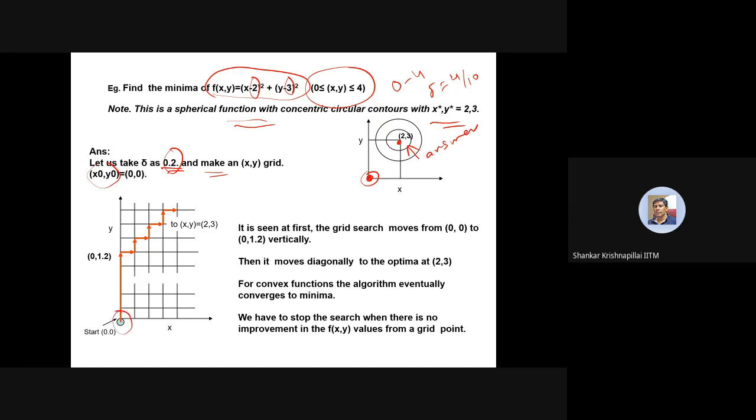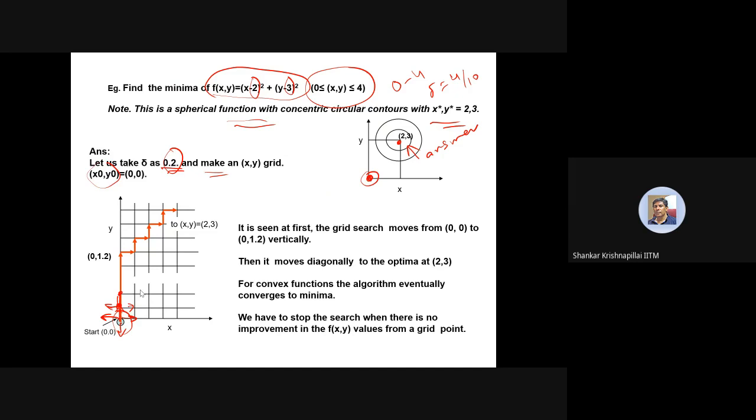What you do is that from the starting point, you search these 4 points and you come here. Okay, then from here you search these 4 points and you come here. So I have plotted the progress of this search up to some distance.